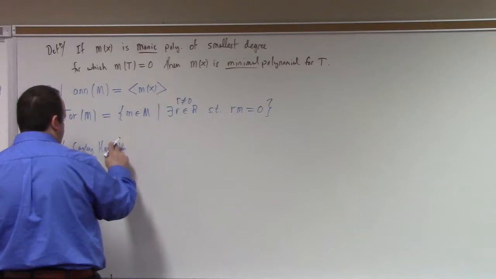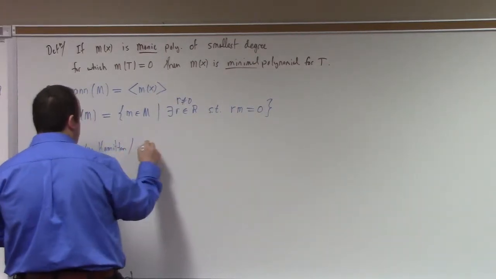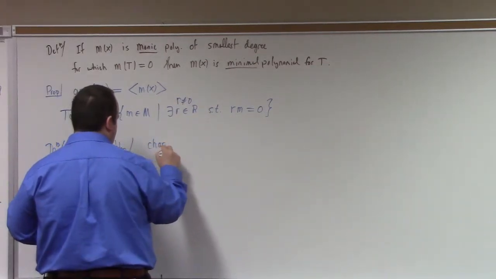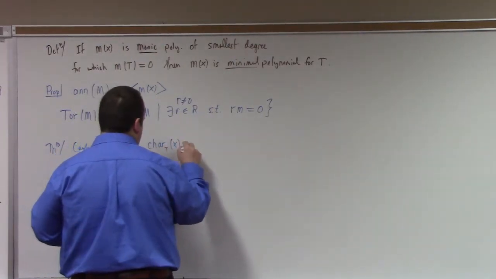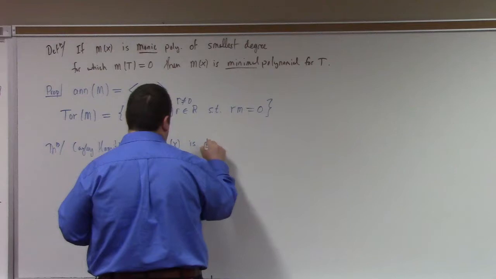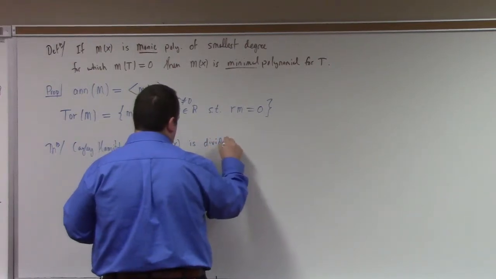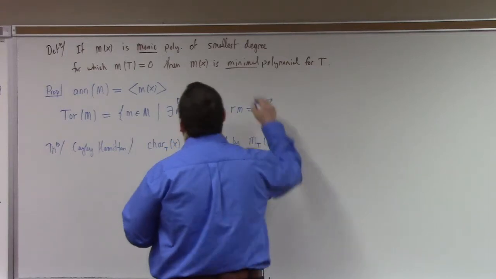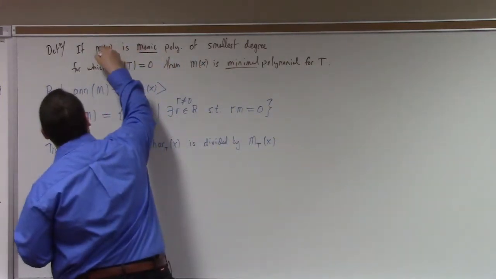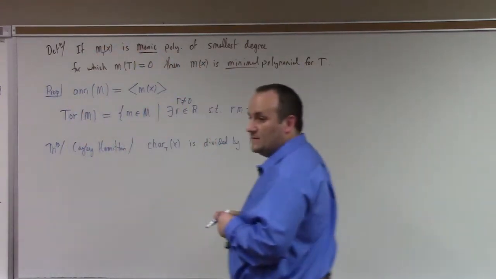One way we could say it is that the minimal polynomial of T divides the characteristic polynomial of T. We could start adorning this with a T. That might be helpful in places like this.